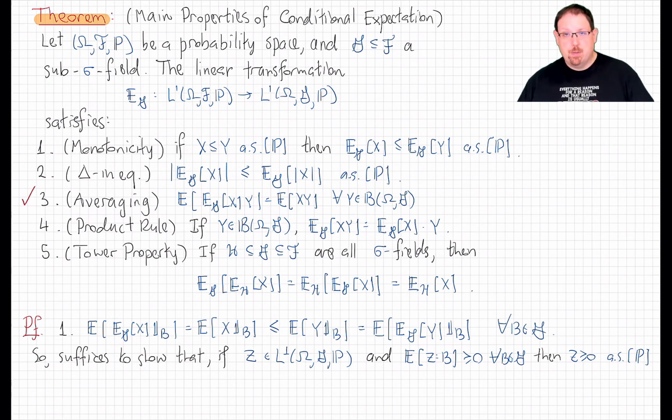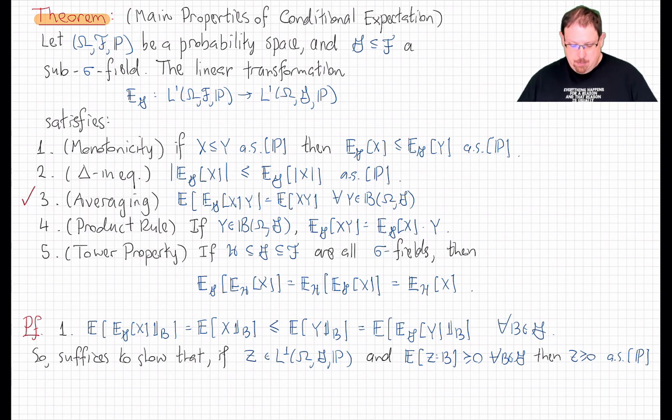Don't confuse this with the product rule from calculus. If Y is any bounded G-measurable function, and I take the conditional expectation of X times Y given G, as far as G is concerned, Y can be set aside, and that is equal to the conditional expectation of X given G times Y. Now this property doesn't exactly pin down conditional expectation, but it is a very useful computational tool.